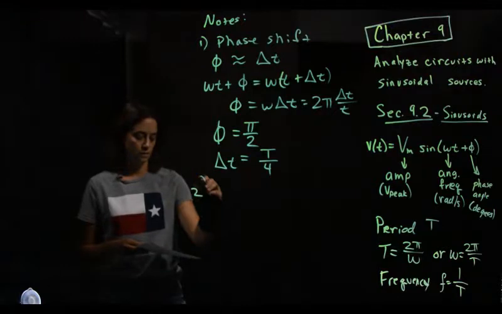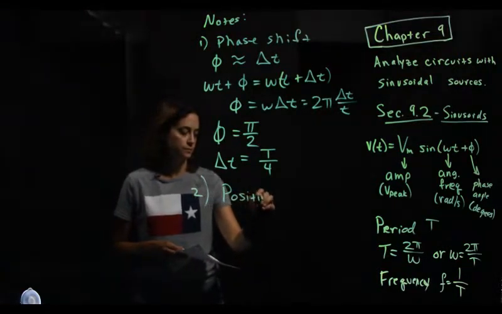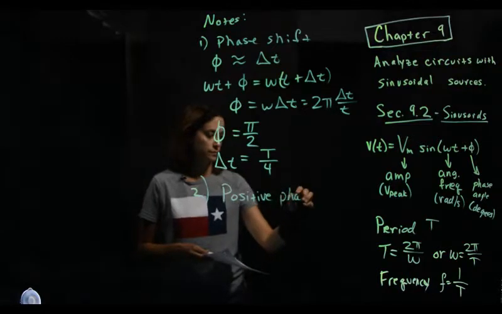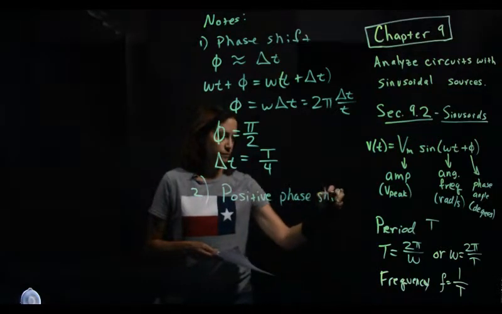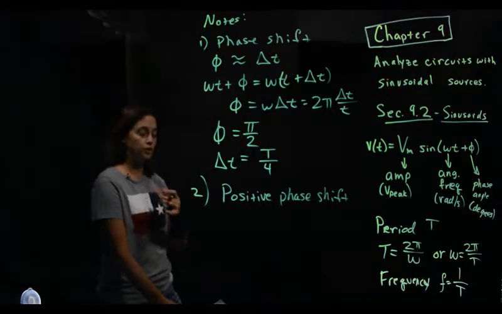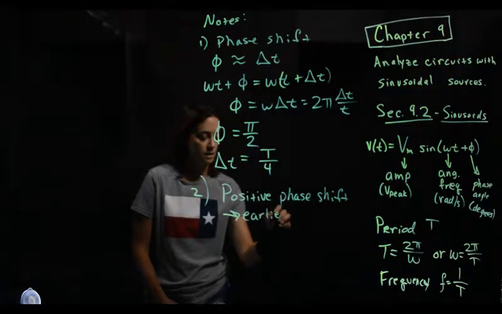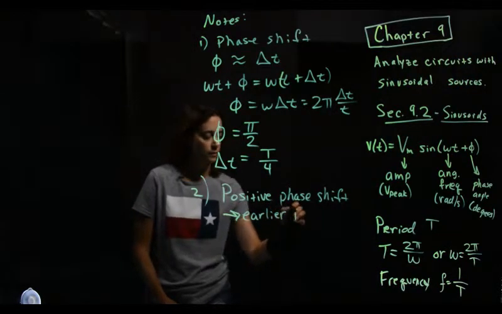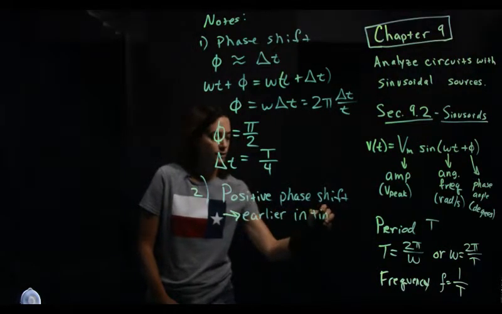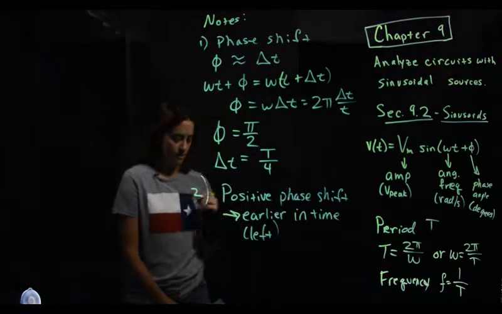Second note, positive phase shift is a shift to the left, so earlier in time. I think it's easier to think of it that way. Earlier in time, in other words, left.